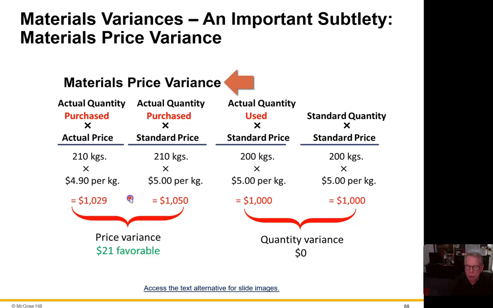That's as we've been doing it. But here, what we used was 200 kilograms, a little bit less in quantity than what we purchased, so I get a little bit more from my standard price than what I actually used over here.